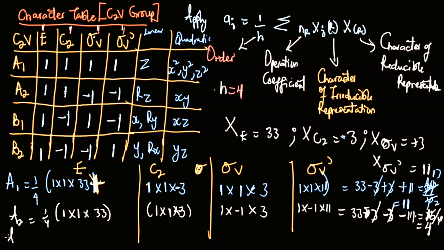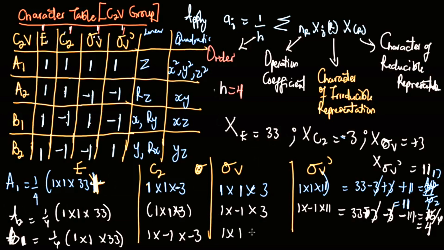So let's look at B1. B1 is going to be 1 over 4. So 1 times 1 times 1 times 33. This one is 1 times minus 1 times minus 3, so that will be 1 times 1 times 3.